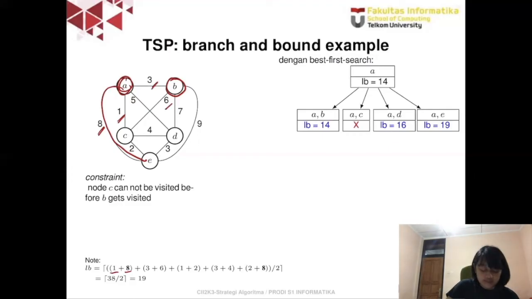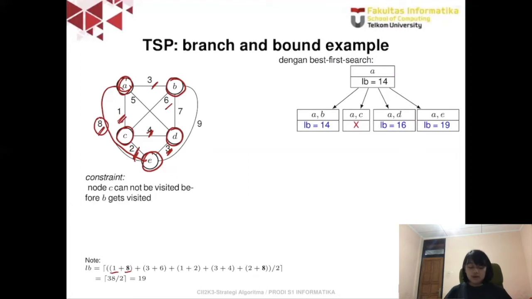And for C, the 2 edges attached to C in the solution cannot be lower than 1 plus 2. And for D, we can choose 3 and 4. And for E, because 8 is a part of the solution, 8 must be considered, and the other edge must not be lower than 2.